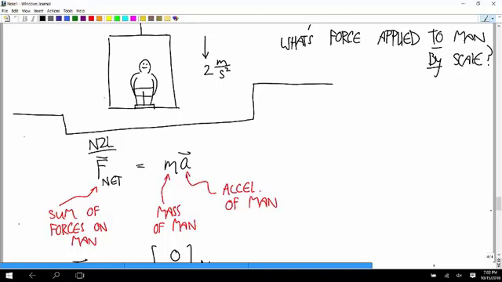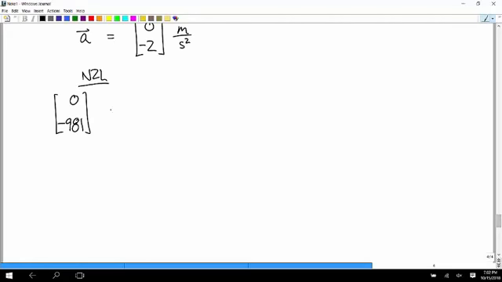Nothing's changed about that. So we still just have F scale X and F scale Y. And that's equal to 100 times the acceleration, 0, negative 2.